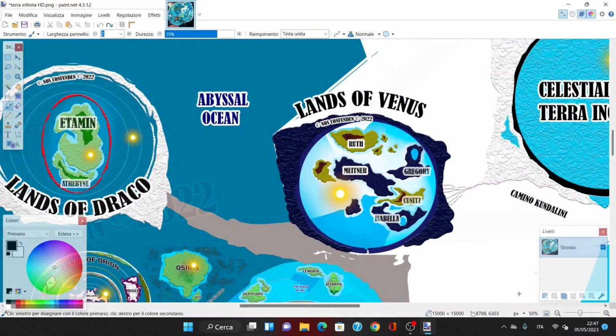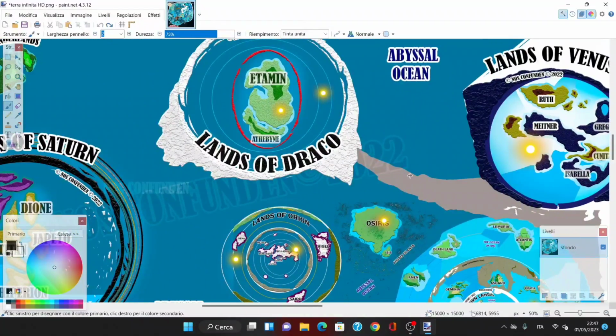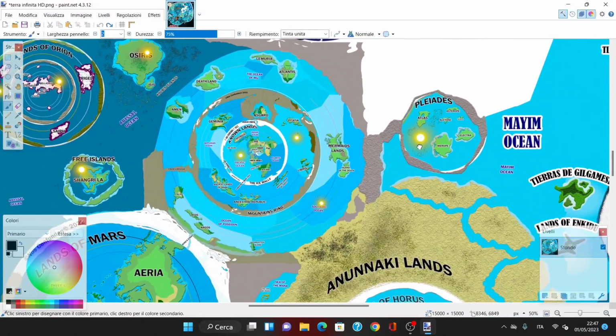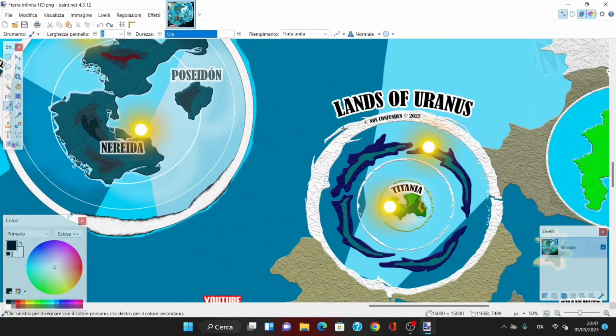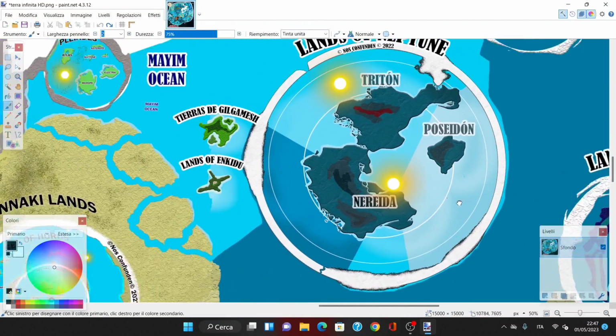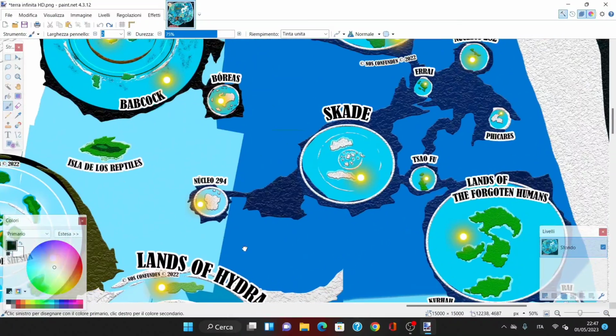But there are other civilizations that have used these in the past, both the Etaminas of the lands of Draco, then the people of the Pleiades, when we know that the lands of Uranus also use these because these divine beings could not have gotten there without some plasma storms.